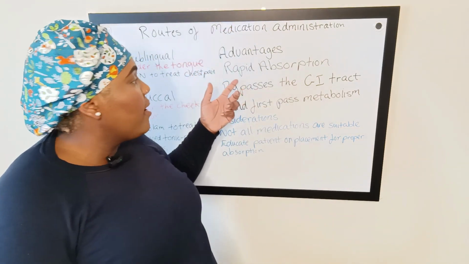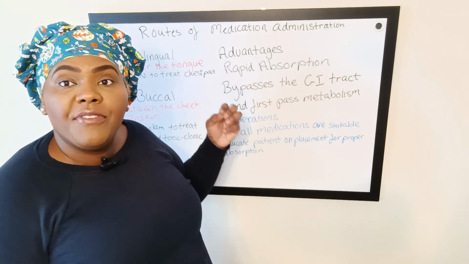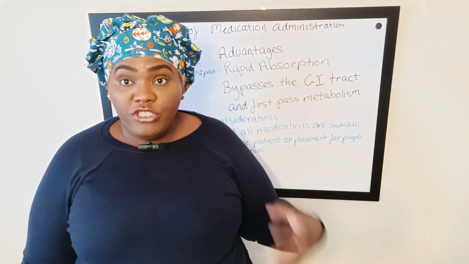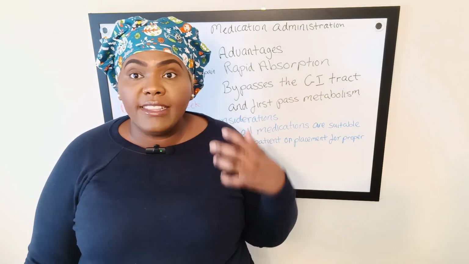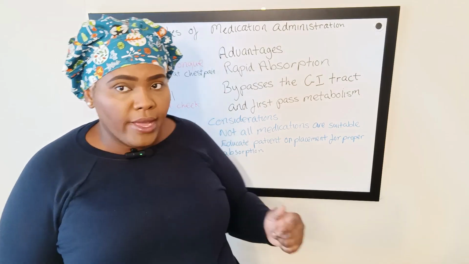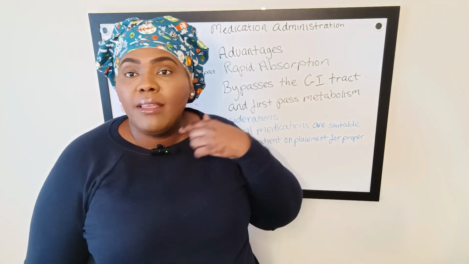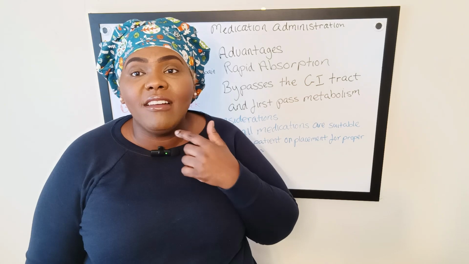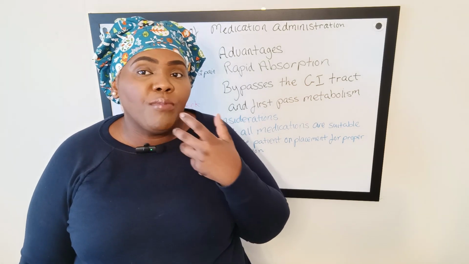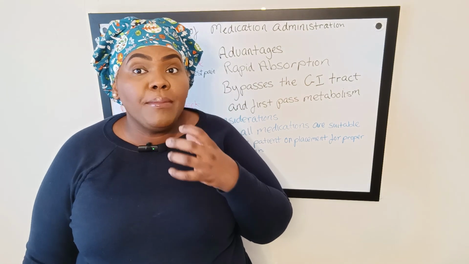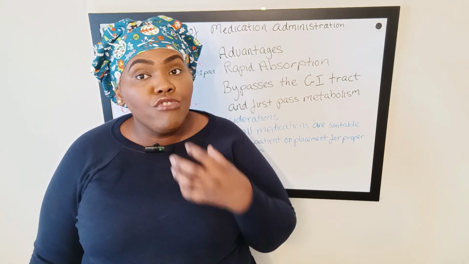That is why one of the advantages of giving medication sublingually is rapid absorption into the body. So GTN is to help counteract the chest pain. We need it quickly. Then it bypasses the GI tract. It doesn't have to go down the throat. The body absorbs it right under the tongue because it is full of blood vessels and it is highly vascularized. So we want to be able to absorb that medication really fast.